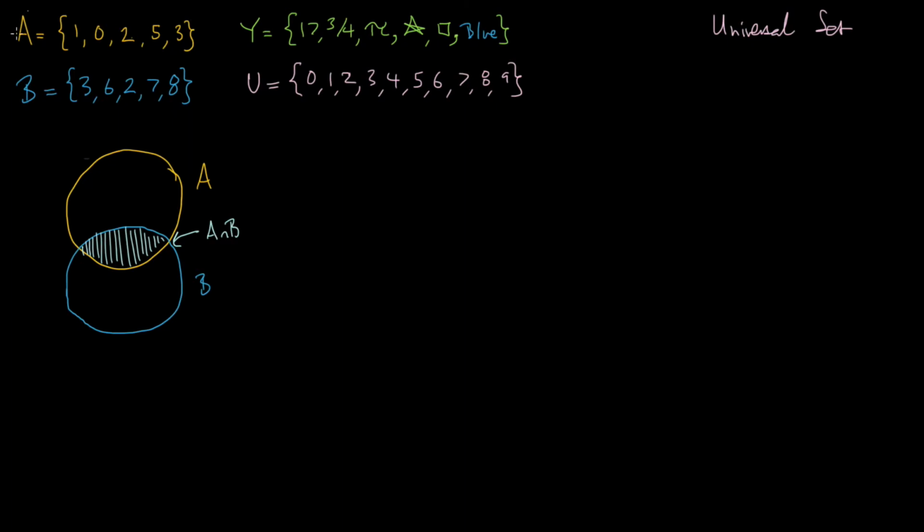Okay, so we can see that A and B are subsets of this universal set, but Y is not. Y is over here somewhere. And so for our purposes, we actually don't care about Y because it's not part of our universal set, so it's not relevant for the analysis we're doing in this particular situation.